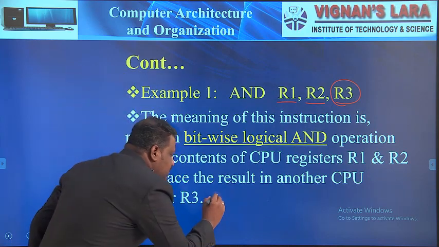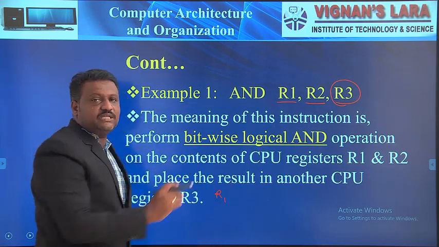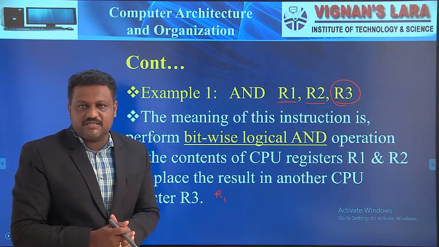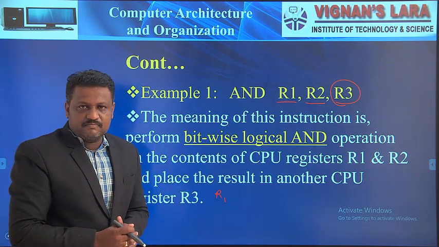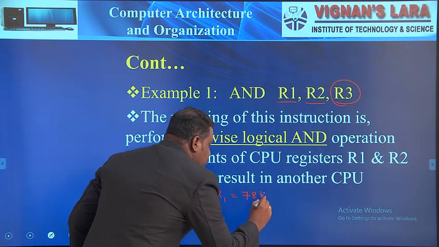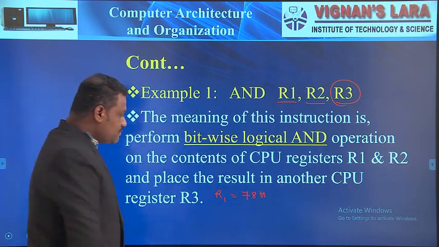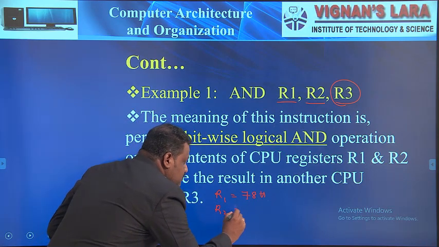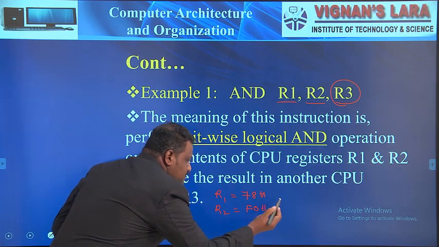Let me assume, friends, R1, R2, R3 are some 8-bit registers. Here R1 contains a value 89H, and R2 contains a value F0H.